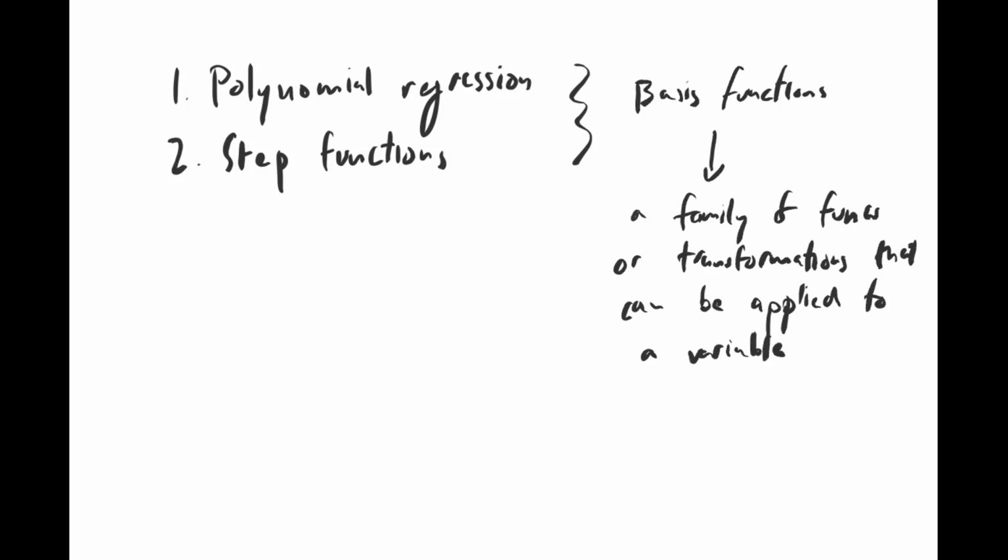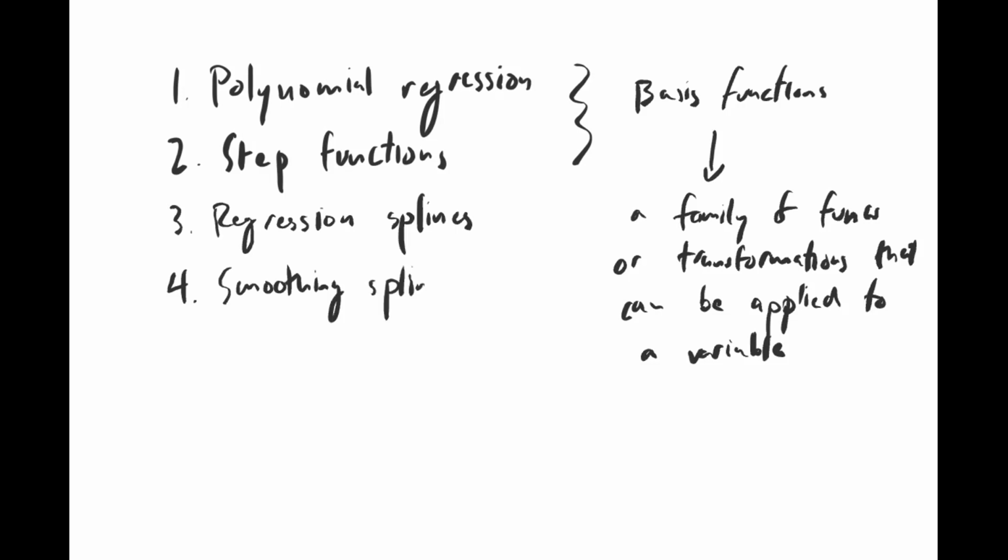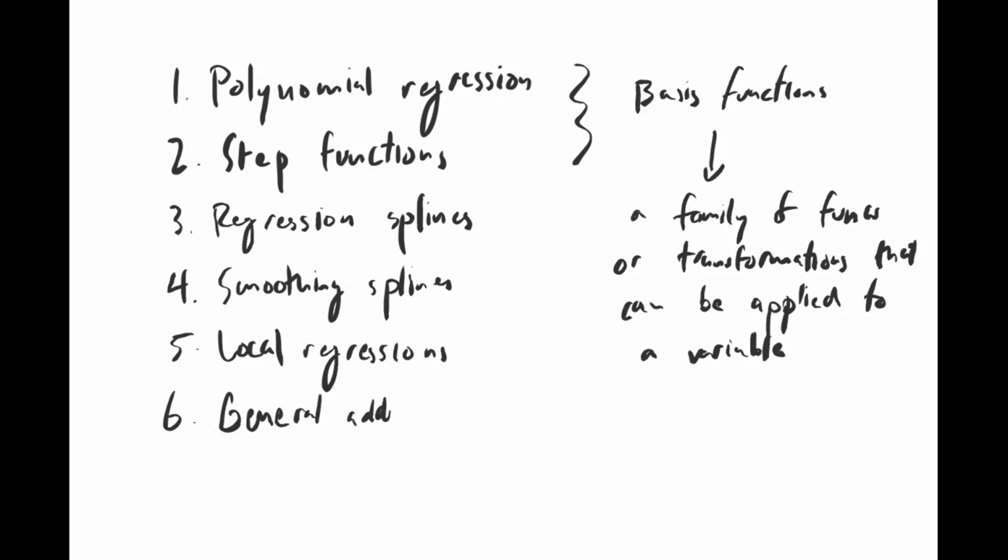We're going to show what those transformations look like in just a bit. And then we're going to start looking into combinations of these basis functions to create what are known as splines. So we're going to look at regression splines, we'll look at smoothing splines, then we'll start to get into local regression, which shares some similar ideas as the KNN that we looked at. And then lastly, we'll look at general additive models.